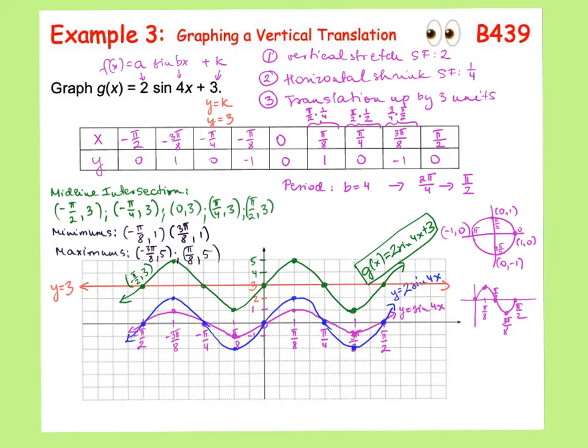So you have to be careful with the information you are giving when there is a vertical translation, because you have to watch out what your y-coordinates of the points will be for the graph. So here is a vertical translation as well as a vertical stretch and a horizontal shrink on a sine graph.